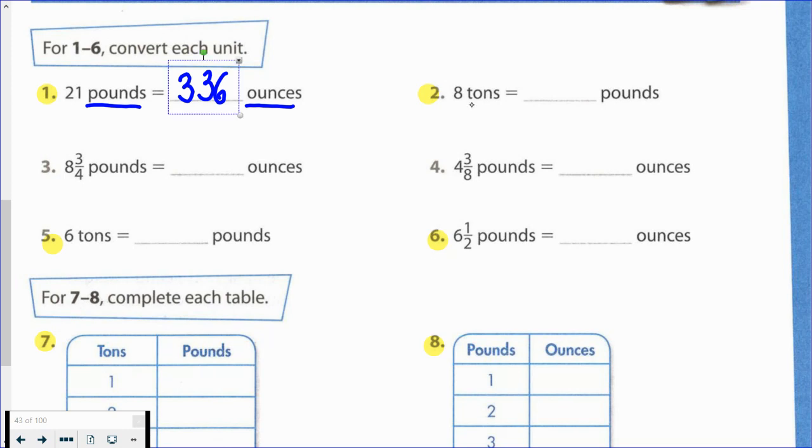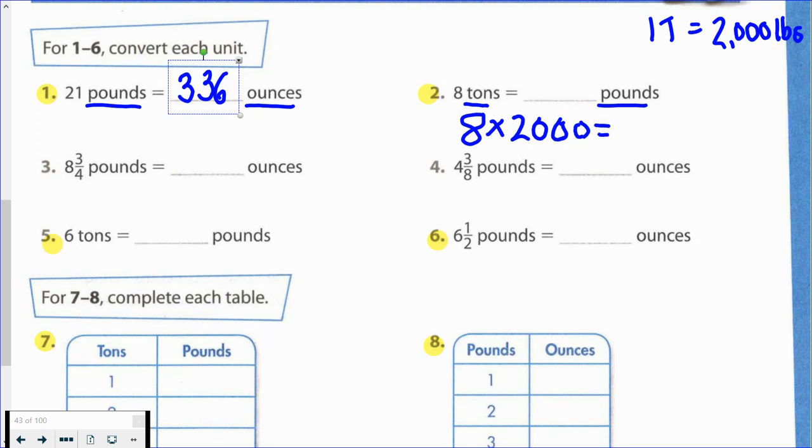Okay, so question number 2. We're being asked to convert tons to pounds. So here's what we have to remember. 1 ton has 2,000 pounds. Okay, that's just one of those measurements that a lot of people have memorized. So if we have 8 tons, there's 2,000 pounds in each ton. Now you're going to notice right away, I didn't go to my scrap paper for this.